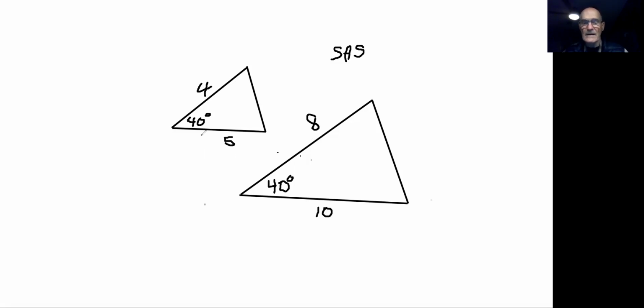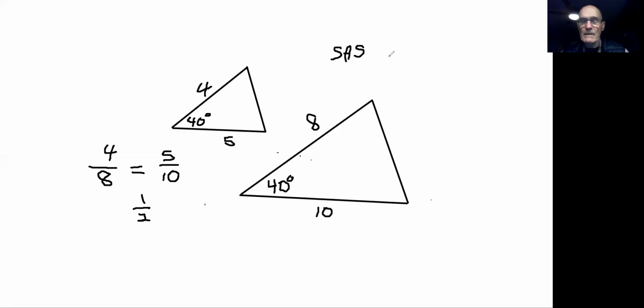The angles are congruent, and then if we look at the ratios, we have 4/8, because top of small, top of big, equals 5/10, which is bottom of small, bottom of big, and both of these ratios reduce to 1/2.